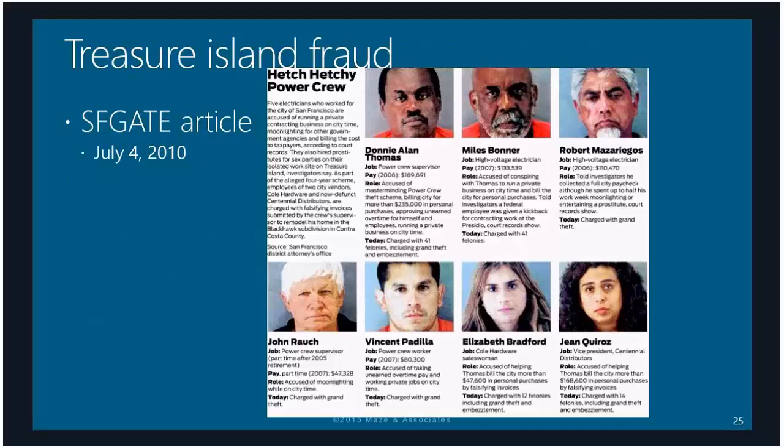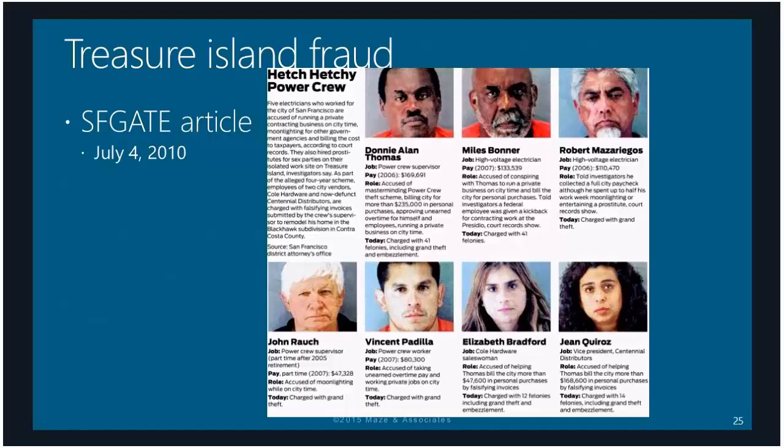Actually, they worked on a couple of hospitals and a couple of, I think it might have been Mare Island, but they were billing the work to these other agencies, still getting paid from the City of San Francisco, and then furthermore, they were stealing inventory from the City of San Francisco and using it on those projects, and also ordering inventory for the City of San Francisco and then using it on their own personal company time.